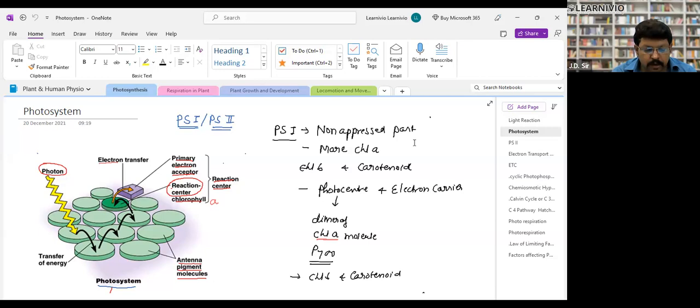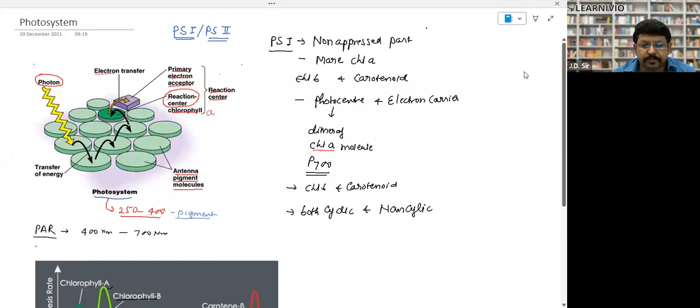Start right now. In green plants, the photosynthetic unit occurs in the form of two distinct groups called photosystem or pigment system.